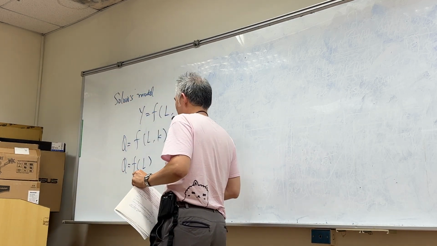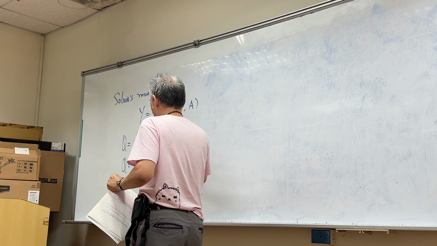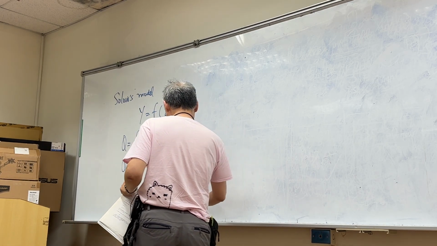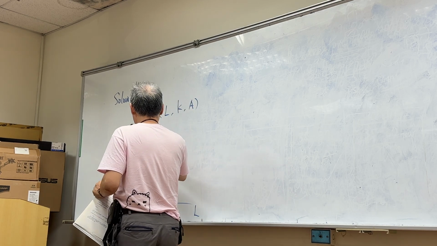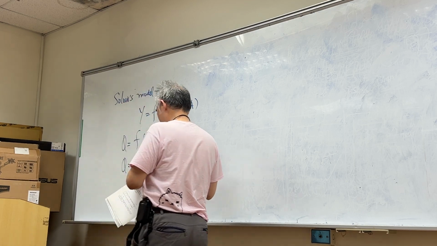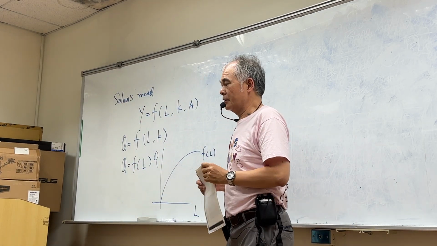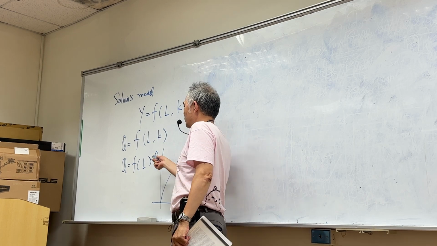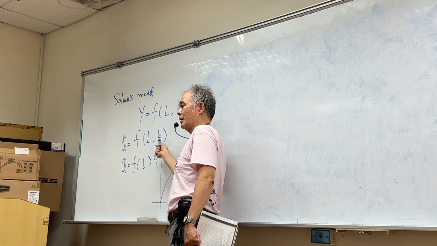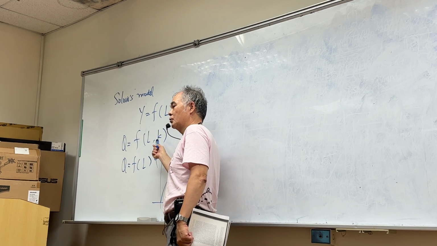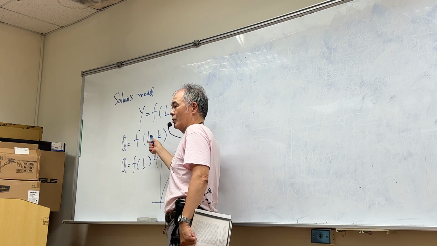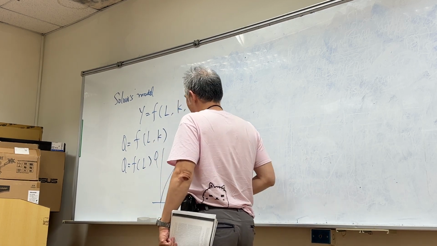If we look at the production function, the total product curve, this is L, this is Q, and this is F(L). That is the way we look at it, because at that time we believed every economy has only a fixed amount of capital, so we can turn that into short-term production, and when we have short-term production, we generally ignore capital here.